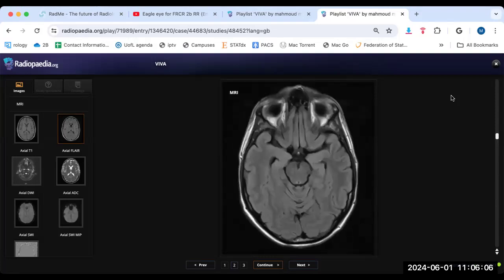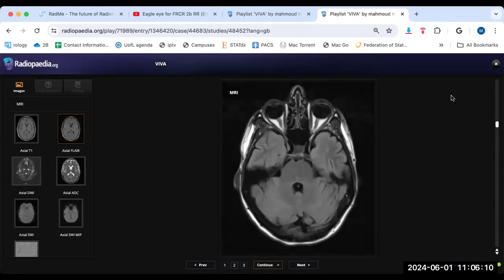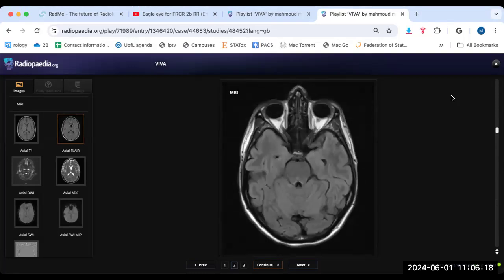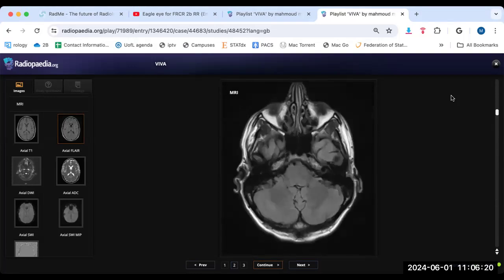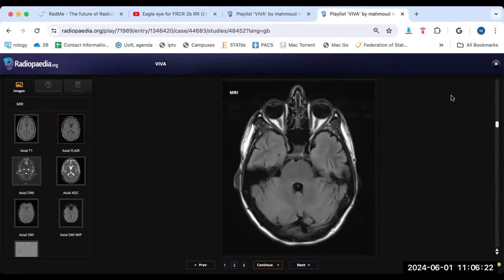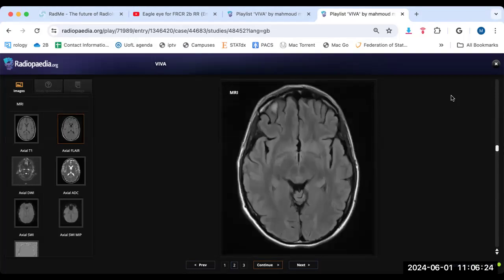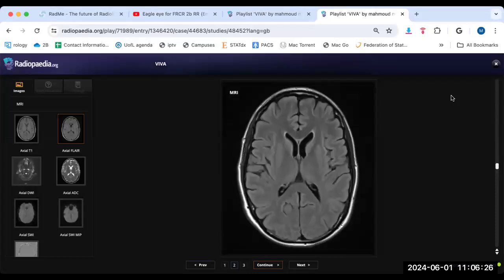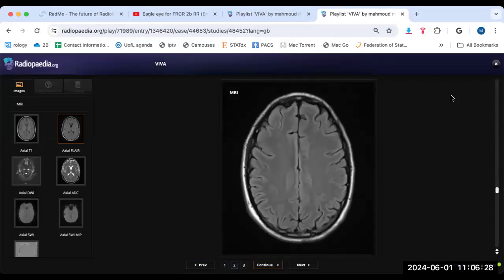In my routine practice, after finishing the axial slices, I'd like to see them on the sagittal as well to see better. What do you think they are? The bilateral white matter signal has a wide differential.